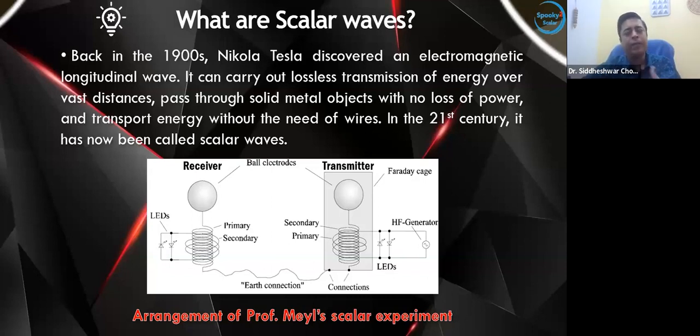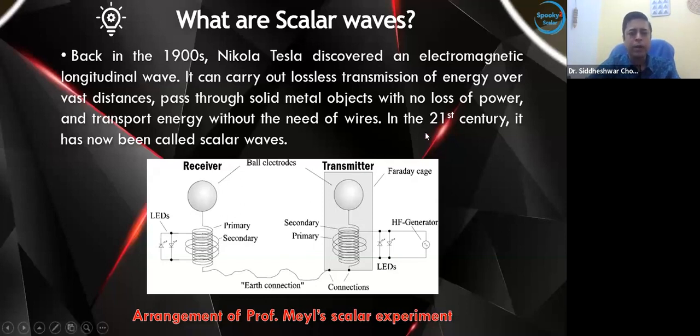At that point, the waves coming from the transmitter and from the receiver interfere destructively. Like one has a crest, one has a trough, so they cancel out each other. This is the general setup of the scalar field as provided by Professor Konstantin Meyl in his scalar experiment.